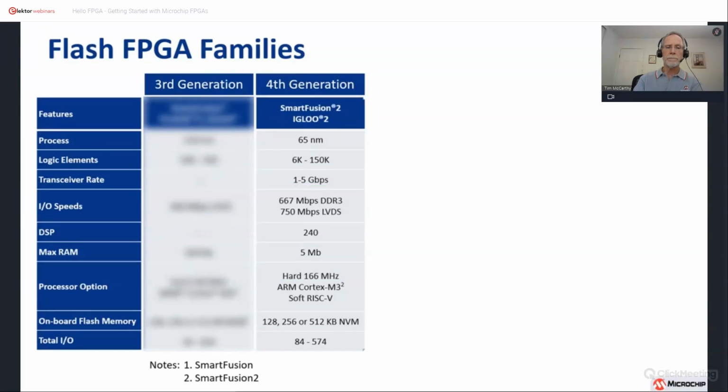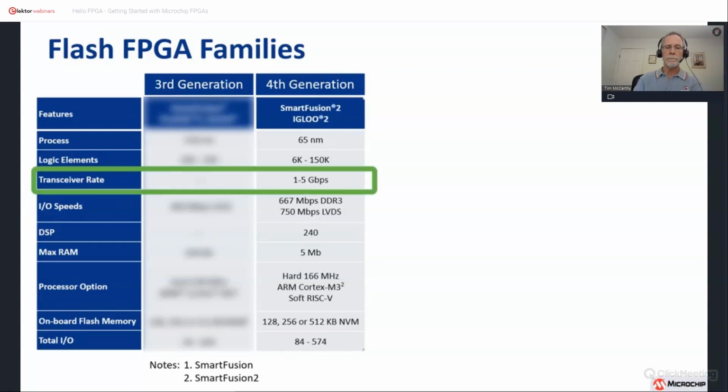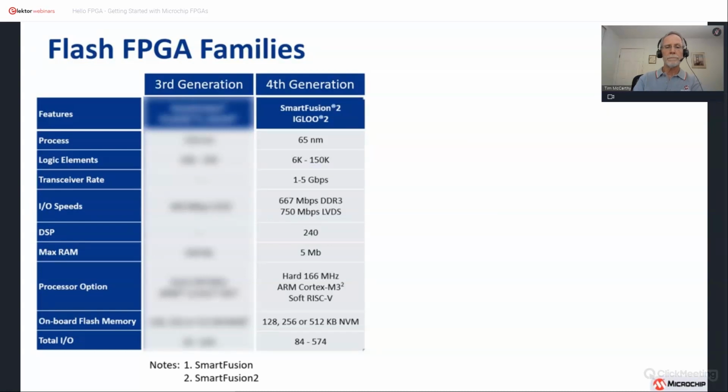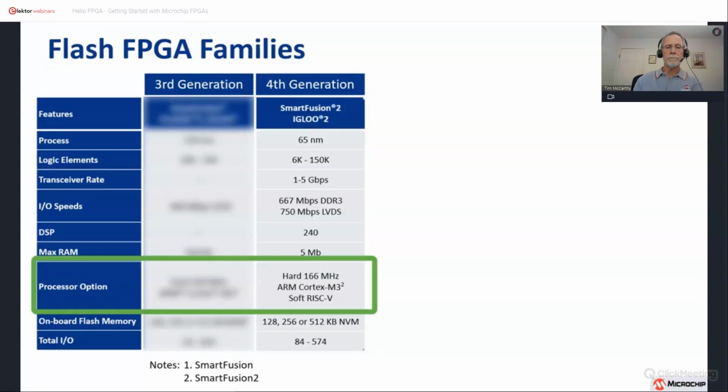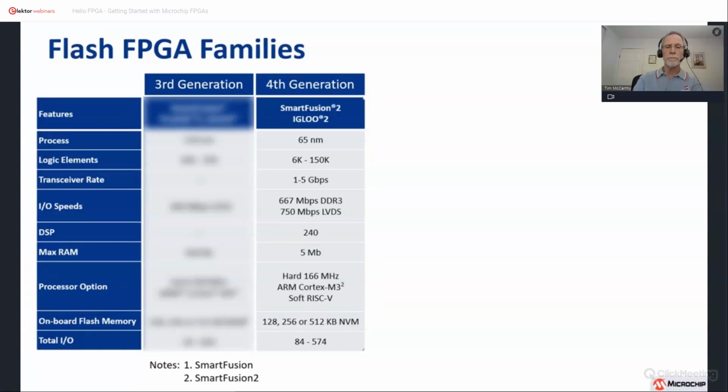SmartFusion 2 and Igloo 2 devices have 2, 6, or 8 PLLs and transceivers that operate between 1 gigabit per second and 5 gigabits per second. SmartFusion 2 is an SoC FPGA with a hard 166 MHz ARM Cortex-M3 subsystem with peripherals and embedded flash memory. Soft processor cores based on the RISC-V instruction set architecture are available for use in these devices.